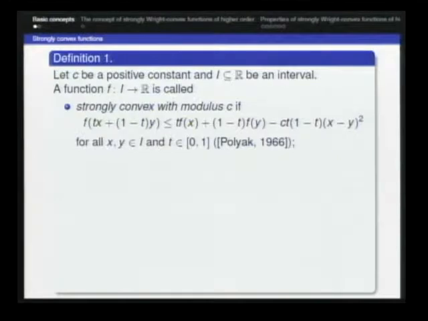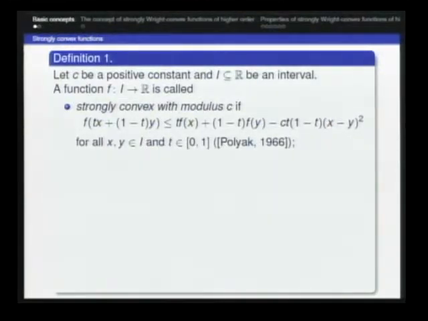These concepts were considered also during this meeting by several authors. The first one is the concept of strong convexity, which was introduced by Poljak in 1966, or maybe even earlier.